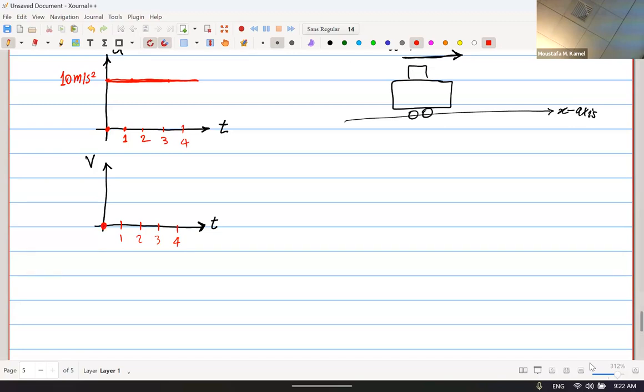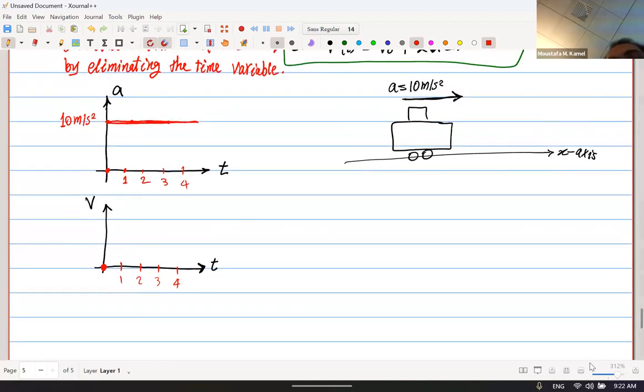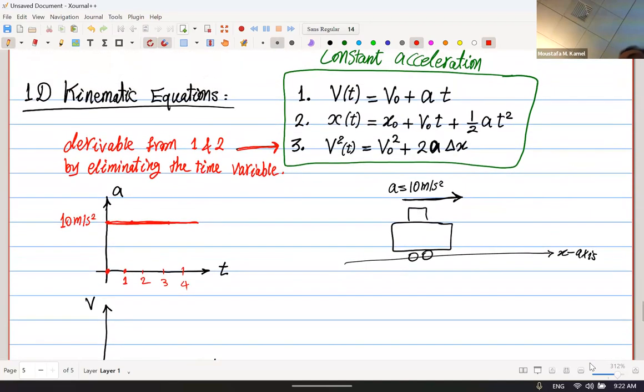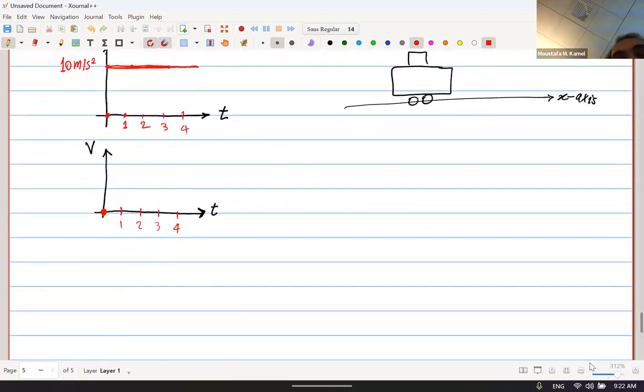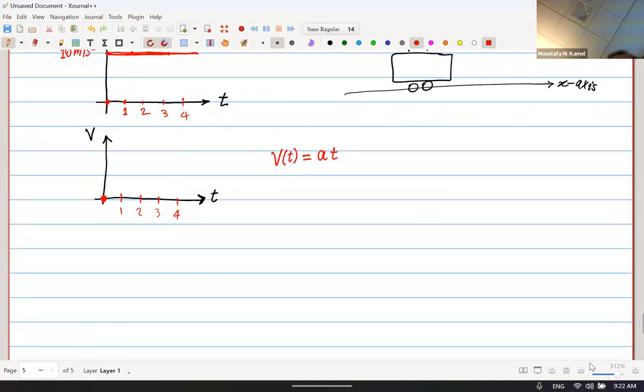The car is here at 0 velocity, right? And from the first kinematic equation, we will have velocity just equal to at, if it starts at 0 velocity, which is just the equation of a straight line with a slope of acceleration, from algebra.